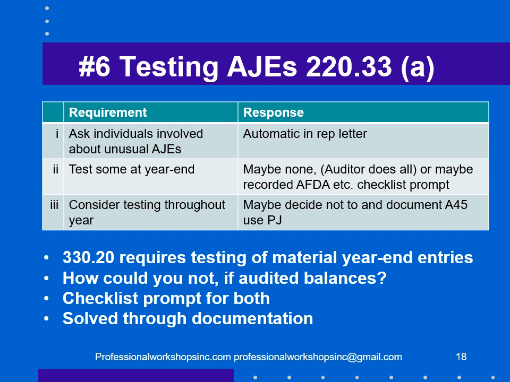Number 3 is consider testing throughout the year. Now, some firms don't want to think about it. Just going to pick 3 a month, test 36 entries all through the year. Bob's your uncle. Now, what happens though is we're looking for fraud here. These three things are directed at finding fraud.